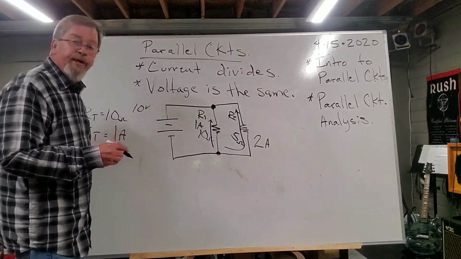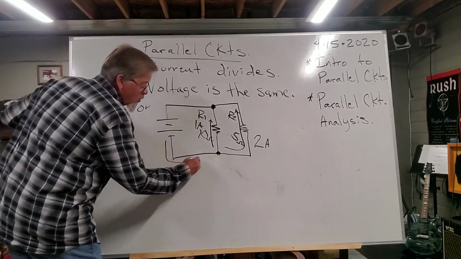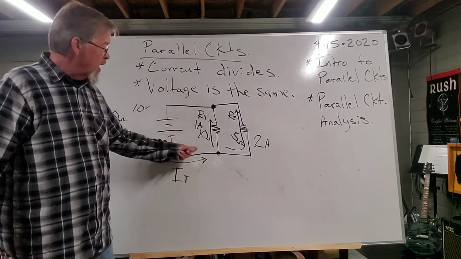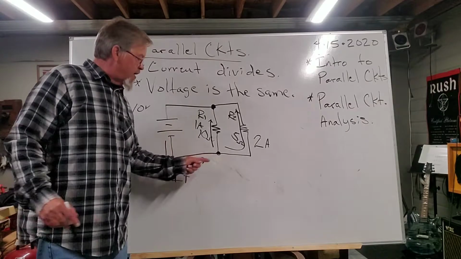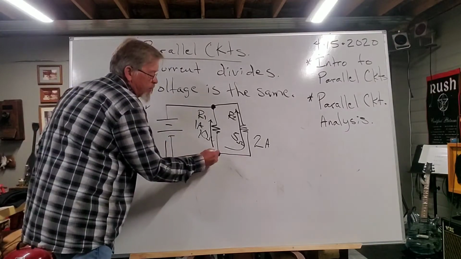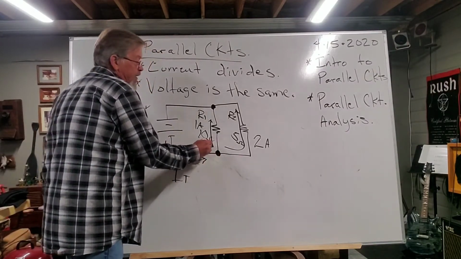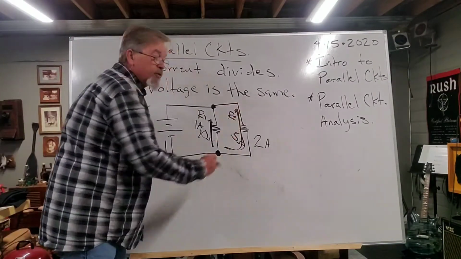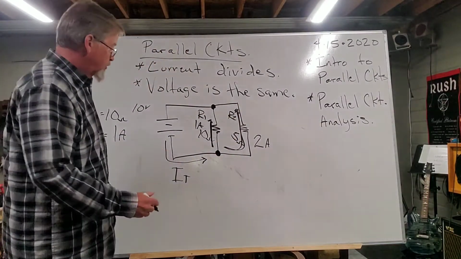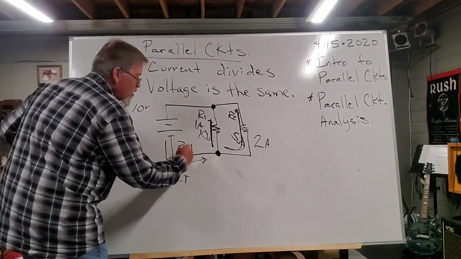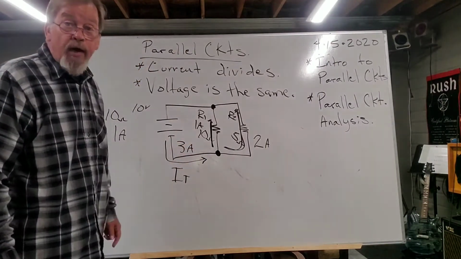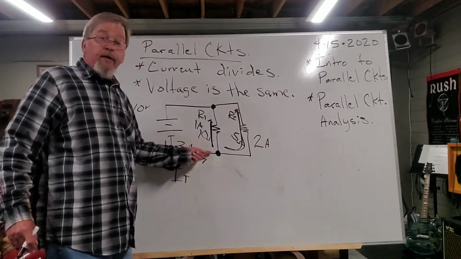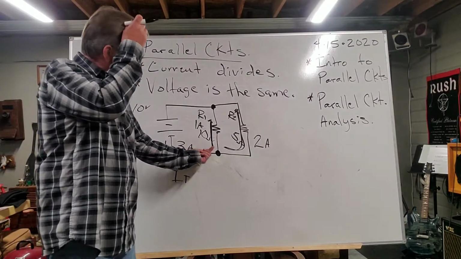Now the question becomes, my total current coming out of the source, how much current do I have to have coming into this junction point right here to give me 1 amp up through R1 and 2 amps up through R2? 3 amps, right? 3 amps coming in, split up. 3 cars came into a subdivision. 1 car went that way.